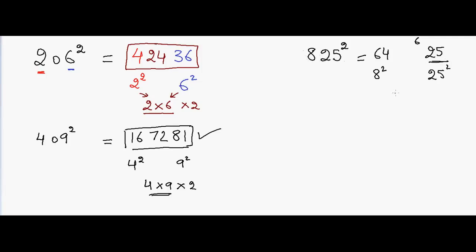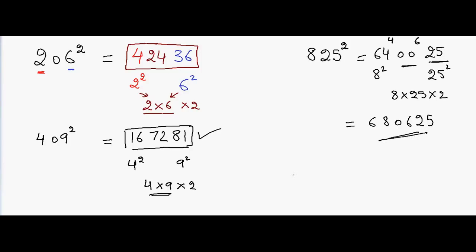Now if we multiply 8, 25 and 2, that will be 400. So we can only write two zeros here, and I have to write a 4 here. Why? Because we can only take the two digits. So now if we add them together, then it will be 6, and 4 plus 4 is 8, 0, 6 plus 0 is 6, and 25. So that will be my answer.